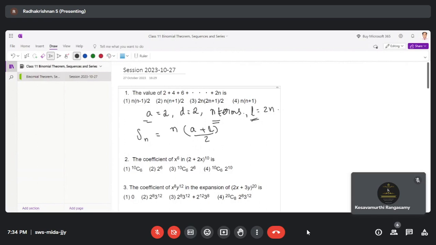So average into n terms, that is your sum. That's simple logic. This is an easy formula in a situation where you know a, l and n, so you can simply substitute. There are n terms, first term is 2, last term is 2n, whole divided by 2.